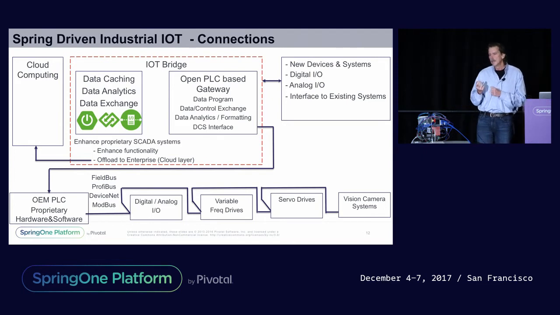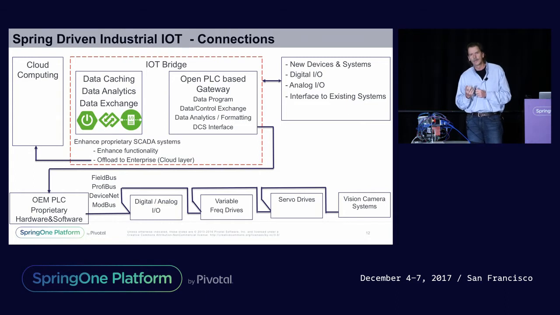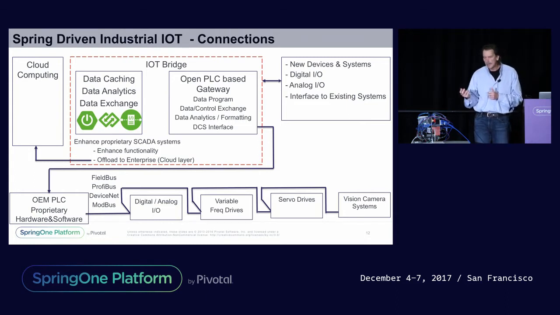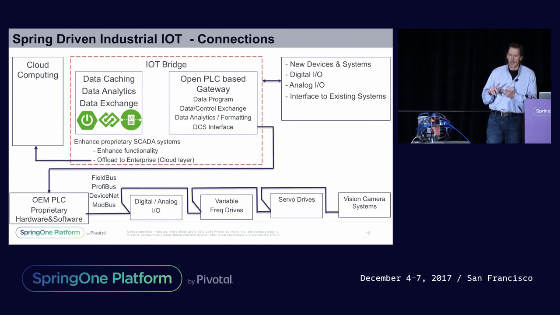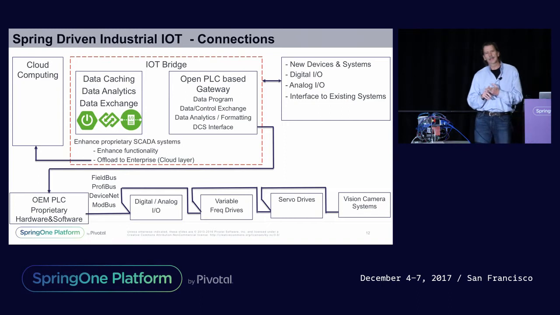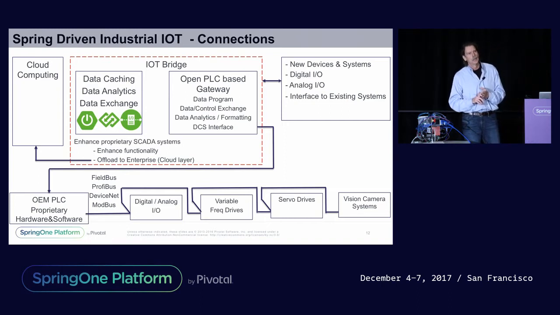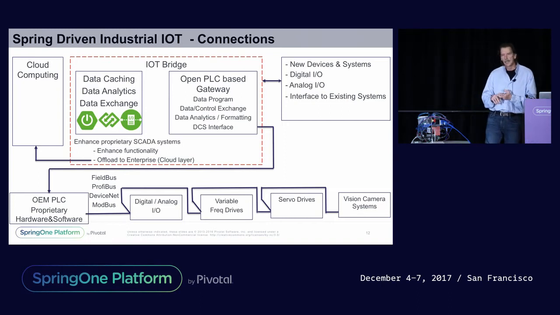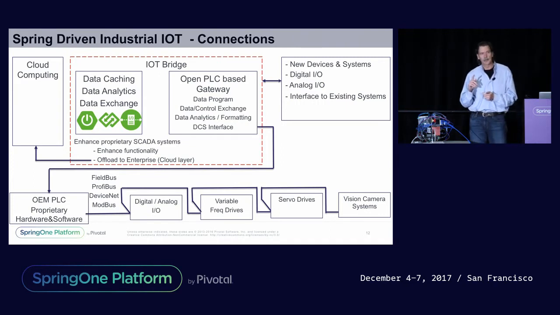Now, in the physical world, they use a lot of field buses for the communications between the programmable logic controllers and the actual drives and devices. And that's done with things like Profinet, Profibus, DeviceNet, Modicon, EtherCAT, EtherIP, and be aware that EtherIP is not Ethernet TCP.